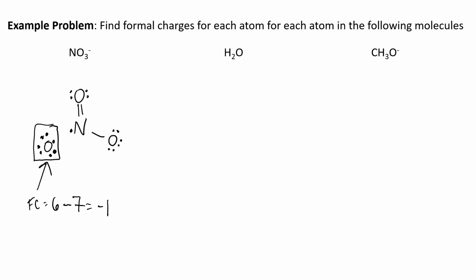And this oxygen has the same bonding pattern as this oxygen on the right. So we have a -1 formal charge for both of those oxygens. Let's look at the oxygen up top. The formal charge is going to be group 6 minus the number of electrons that it owns. Now, here's something different. We have a double bond. So a double bond means there's 4 electrons being shared.